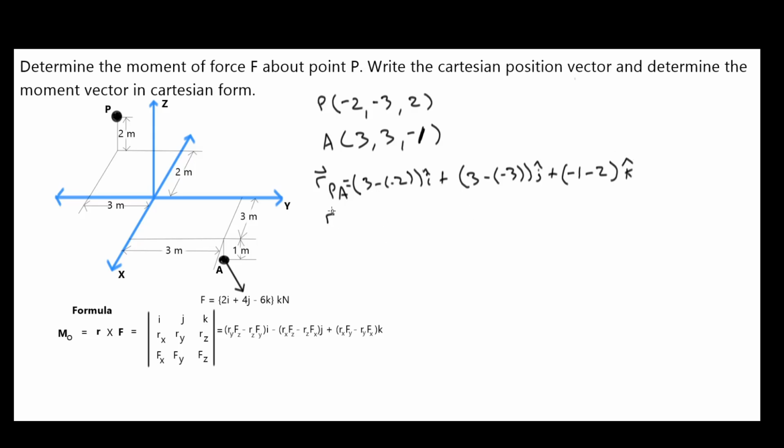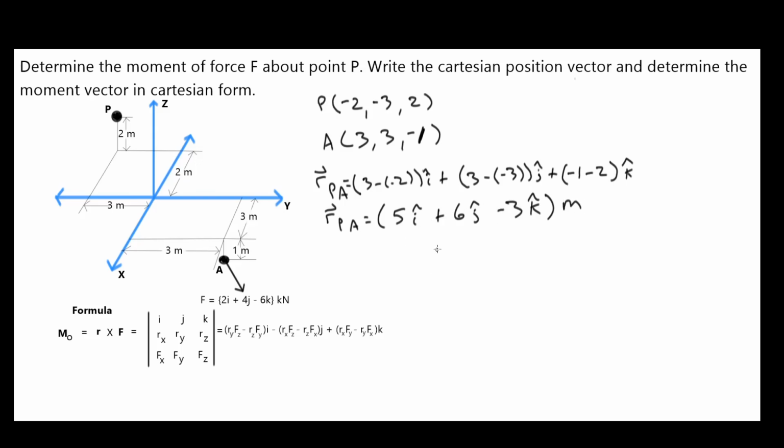So that gives us a position vector of 5, 6 in the y direction, and then negative 3 in the z direction. And since this position vector represents distance, don't forget to add your units here, which is meters.